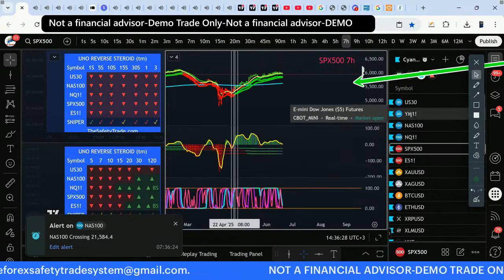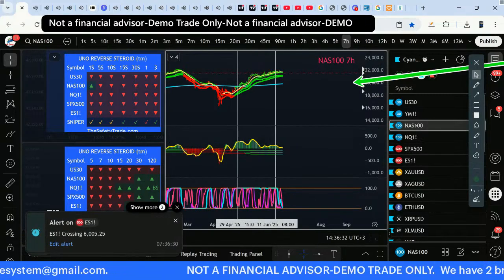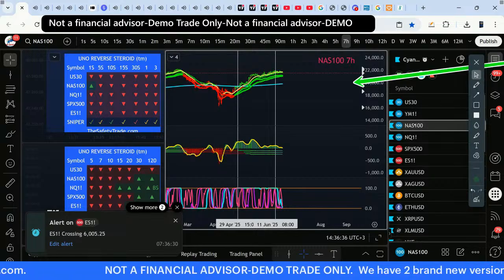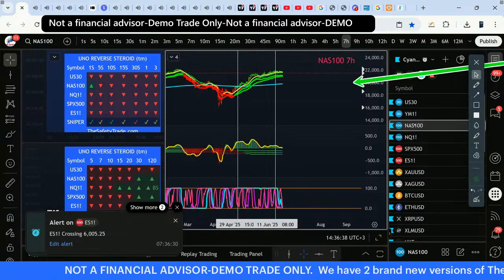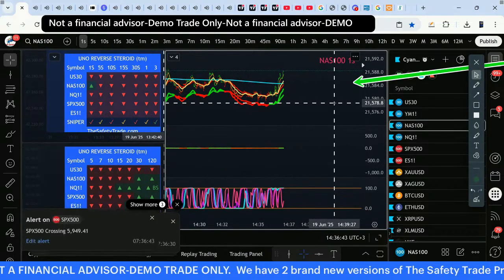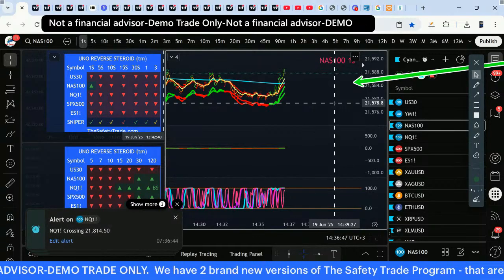And oh, there we go. Let's see if we can. NAS one. Let's go down here to the one. There it is. 1 second buy stop to the blue line for NAS. Perfection.